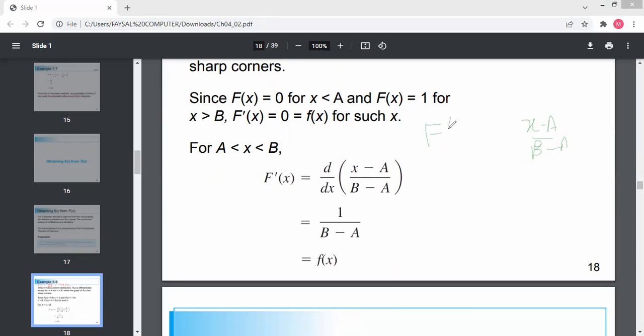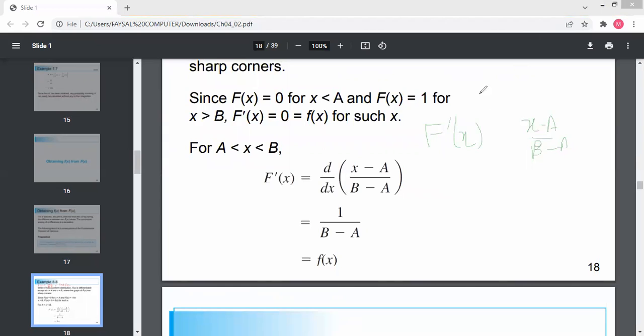F derivative of x equals, f derivative of x equals what? The derivative of x minus a divided by b minus a.